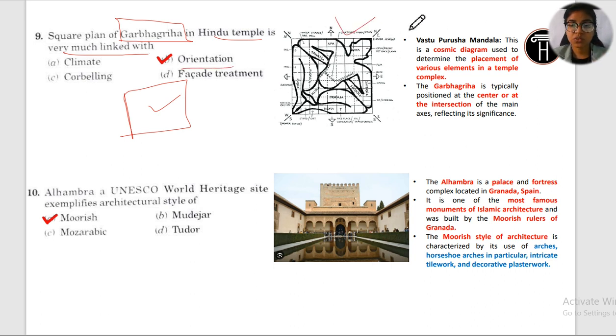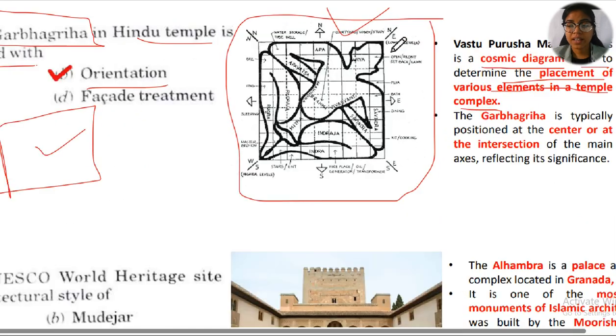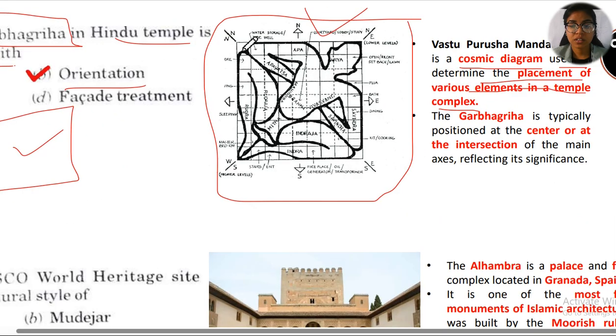See, this is your Vastu Purusha Mandala. So what is this? It is basically a cosmic diagram which is used to determine the placement of various elements in a temple complex. As per these directions, you can see this is your north, south, east and west.